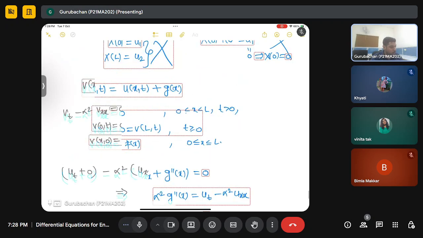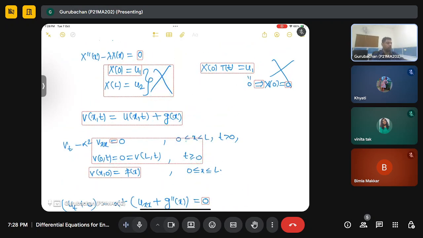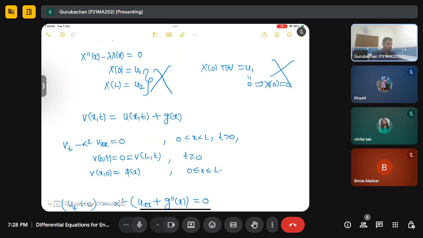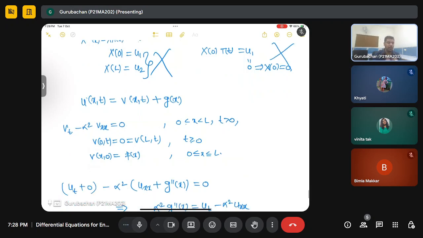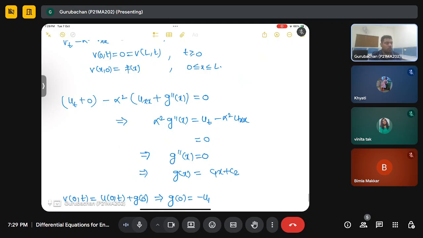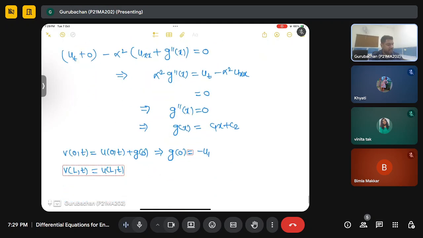So if you switch here, you have to find u(x,t) is equal to v(x,t) plus some g(x), because u(x,t) is the complete solution rather than v(x,t). Also you can go with this manner, but for simplicity I am doing it the following way.